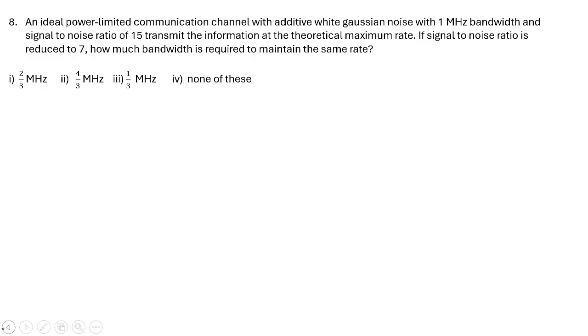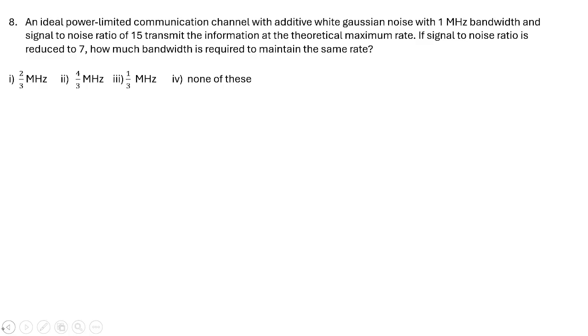If you remember from lecture, theoretical maximum rate corresponds to the channel capacity, which gives you the rate at which you can transmit information via this channel with arbitrarily low probability of error.